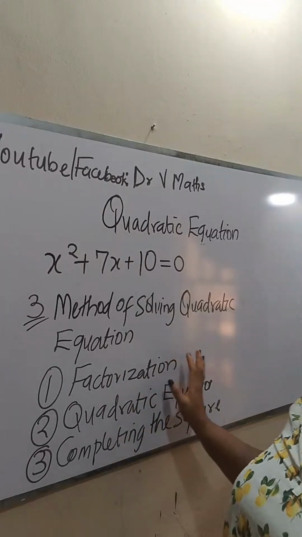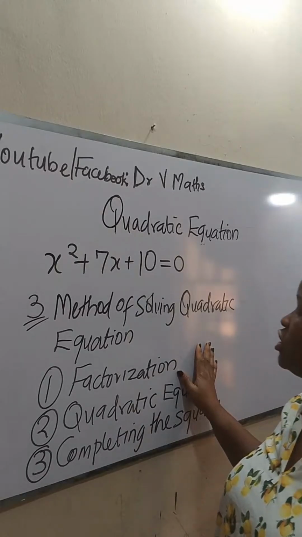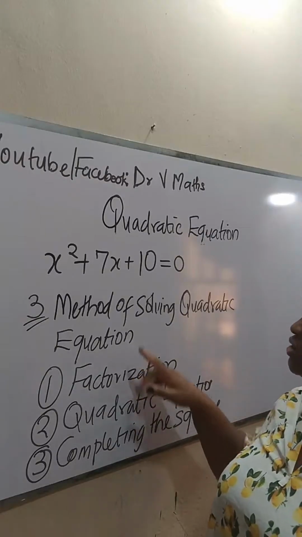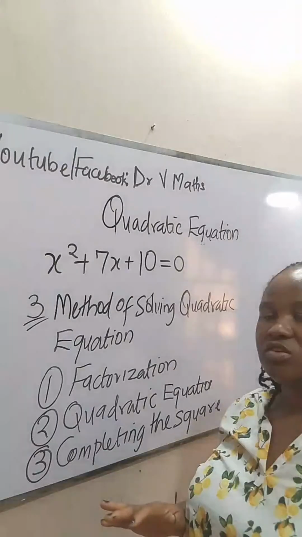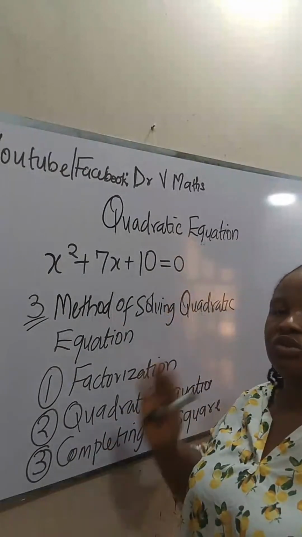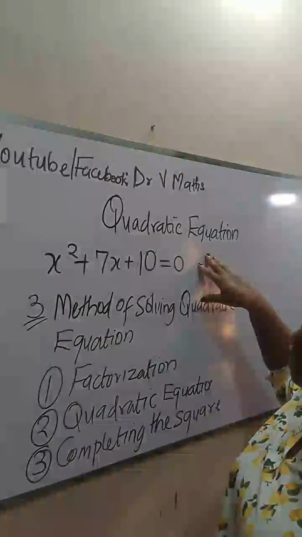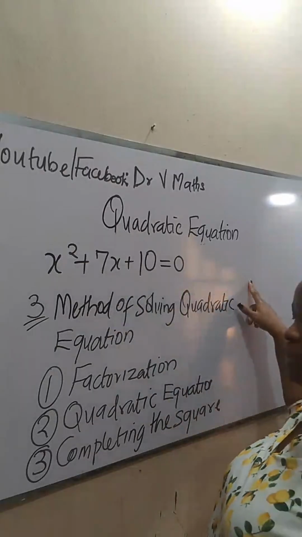So I've talked about how to factor a quadratic expression. We're going to use this factorization to solve some questions, and we use the quadratic formula to solve some questions. So I've been able to list the methods, and we're going straight to using the first one to solve this equation. We are going to use the first and second, but I'll first solve it using the first method.